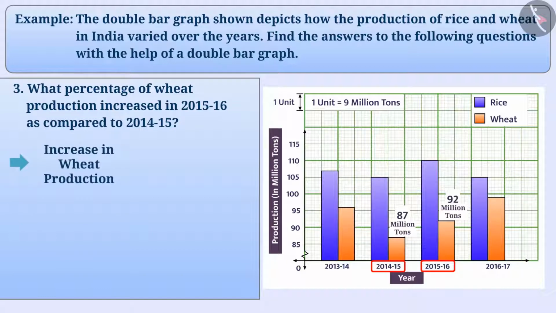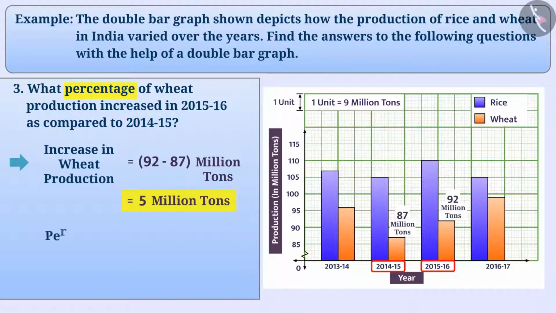Increase in wheat production is equal to 92 million tons minus 87 million tons is equal to 5 million tons. Since we are calculating growth in comparison to the production of 2014-2015, we will consider the production of 2014-2015 as the base and express the increase in percentage.